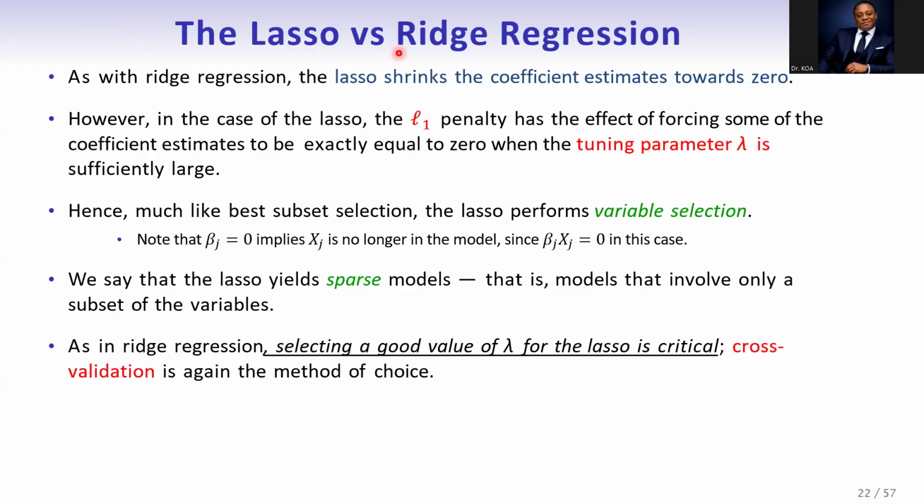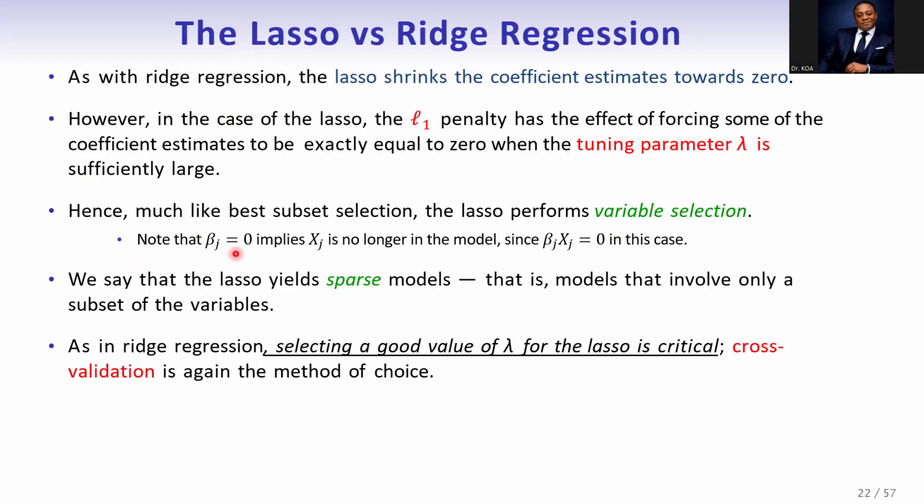Lasso also shrinks the coefficient towards 0, but like I said, if the tuning parameter is very large, it will force it to 0. In the case of lasso, it has the effect of forcing some of the coefficients to be exactly equal to 0 when the hyperparameter is large. So it is like the best subset selection we did; the lasso is just performing variable selection.